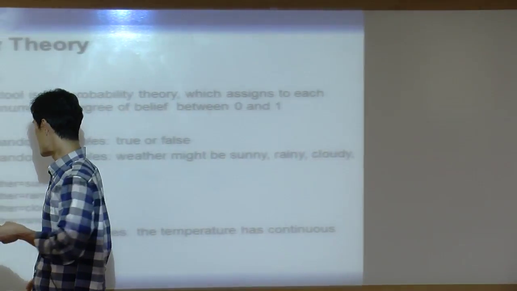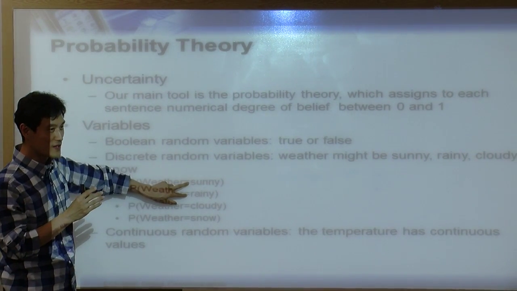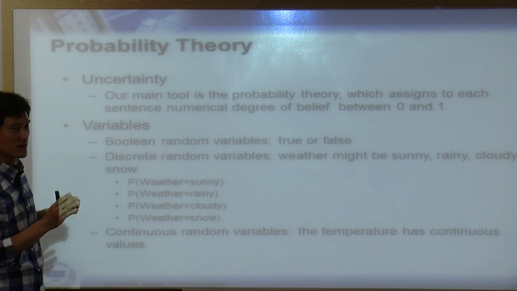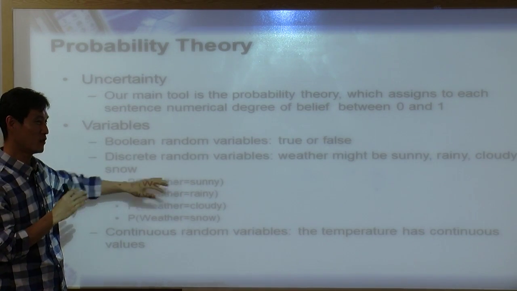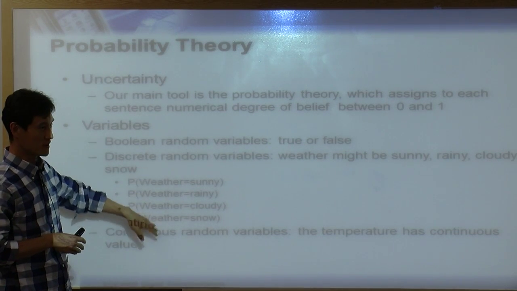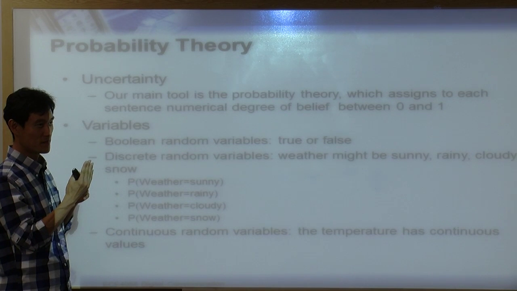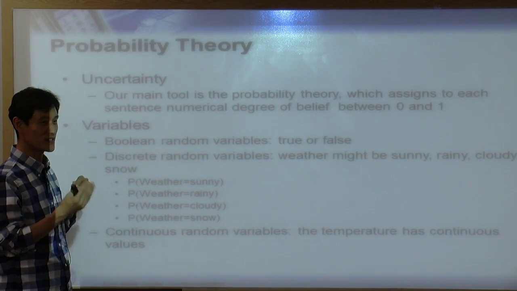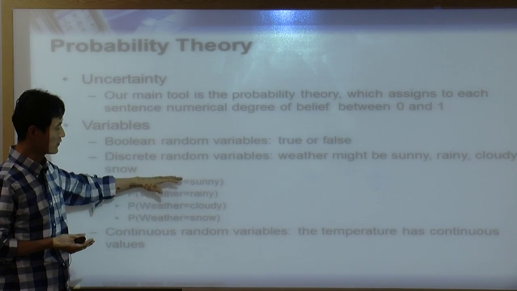Sometimes the weather can be like sunny plus rainy kind of thing. But I'm not interested in those things. I'm only interested in 4 different weather. In my mind, weather is only 4 of them. So it's like a quantization, kind of. I quantize all the weather into 4 different things.